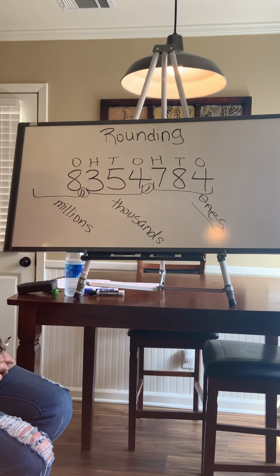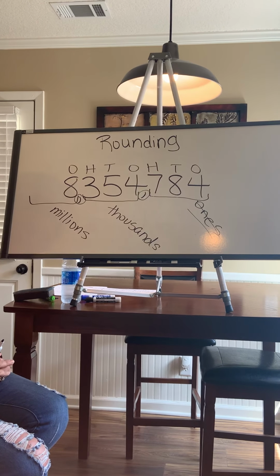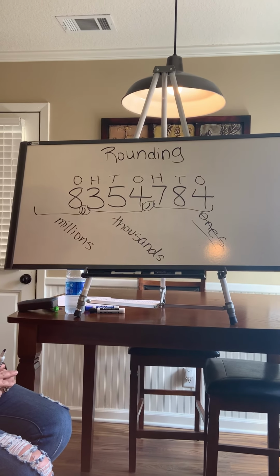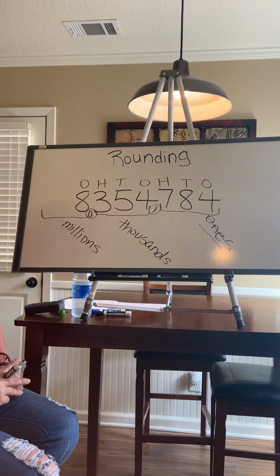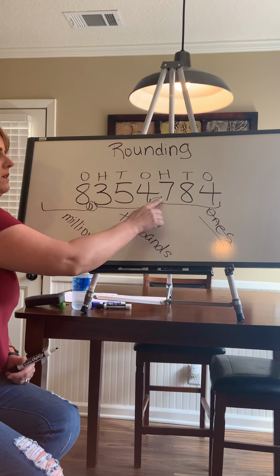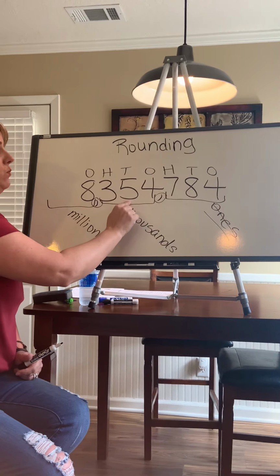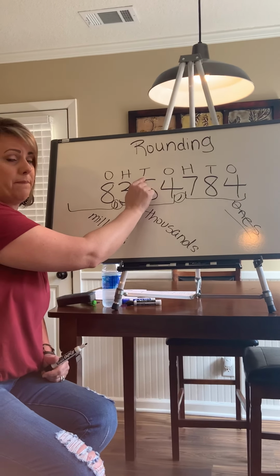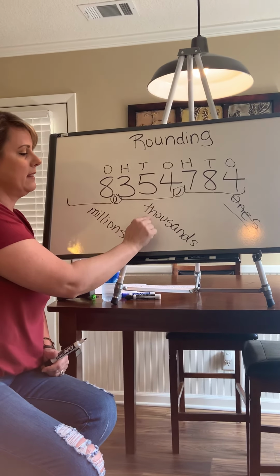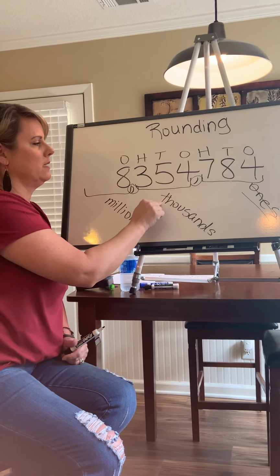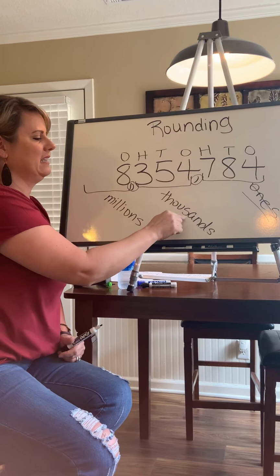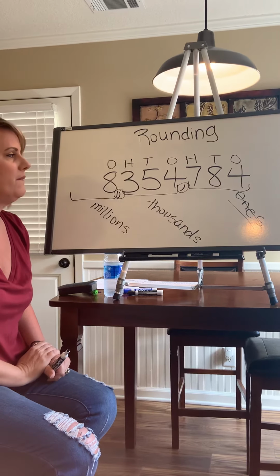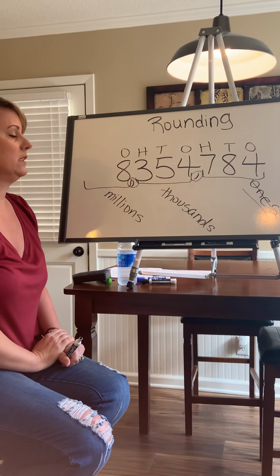So if I said, what place is the 5 in this number? Well first we'd find the 5. Here's the 5. And we'd say, okay, it has a T above it, so I know it's 10 something. And it's in the thousands period. So it's in the 10,000s place. The 5 is in the 10,000s place.